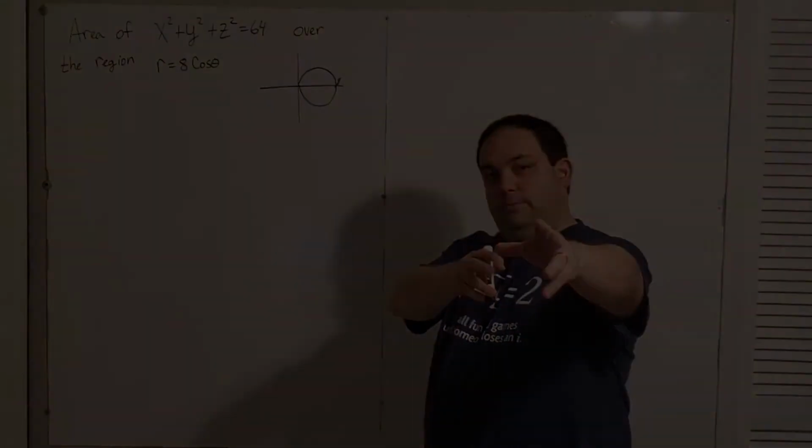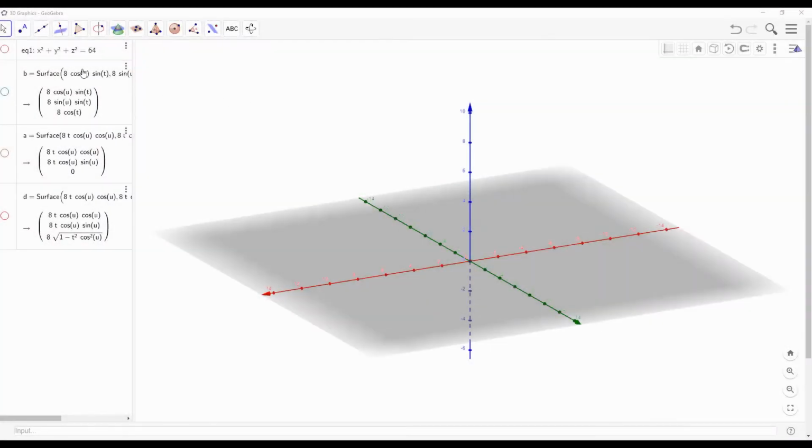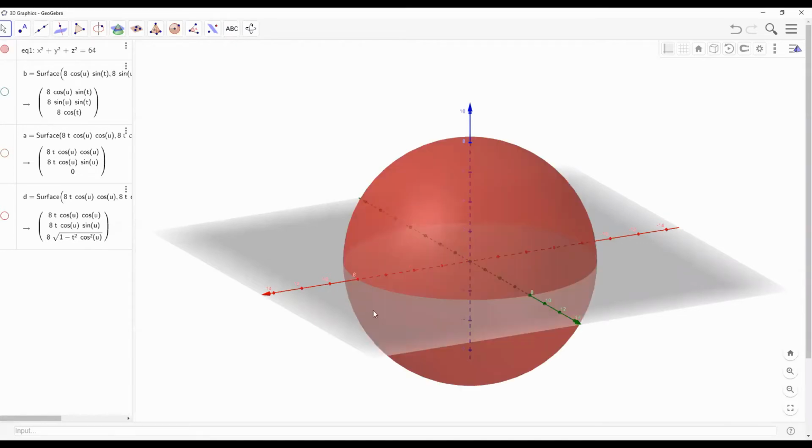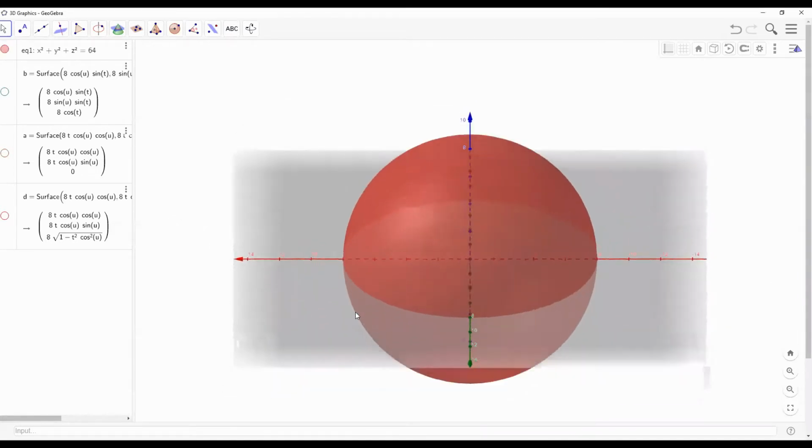Let's take a look. As you've seen already, the equation that we're dealing with here for our function is x squared plus y squared plus z squared equals 64. And as you probably already know, that's a sphere centered at the origin with a radius of 8.